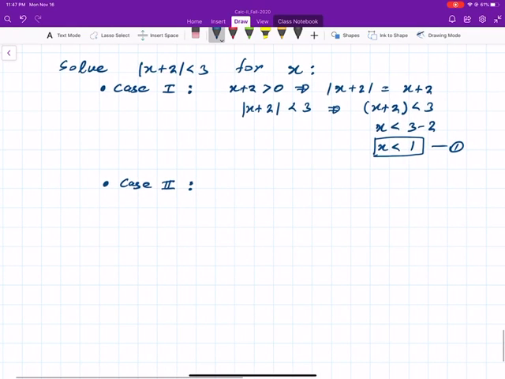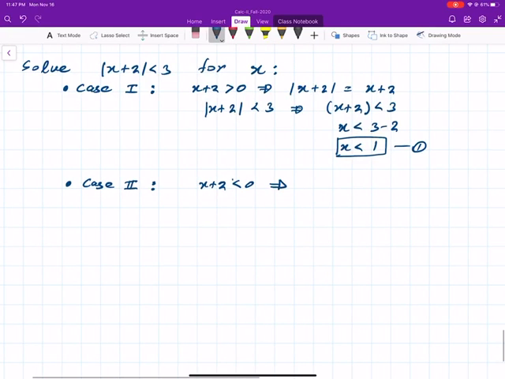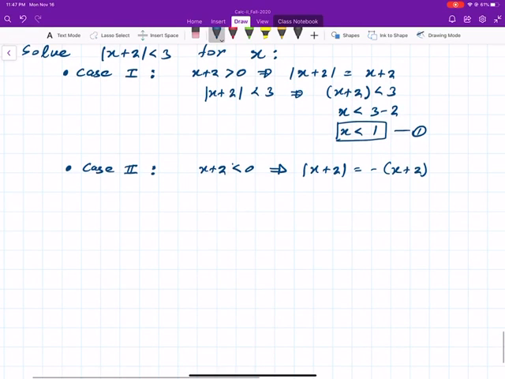Okay, in case 2 we consider that the interior part is negative. If the interior is negative, you can just replace absolute value by a negative sign. Okay, you have learned this in Calc 1. Then absolute value of x plus 2 less than 3 can be written as negative (x plus 2) less than 3, and then you just remove parentheses.